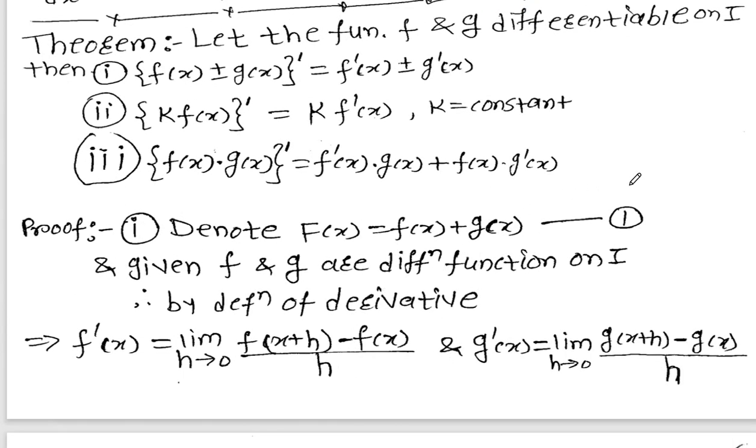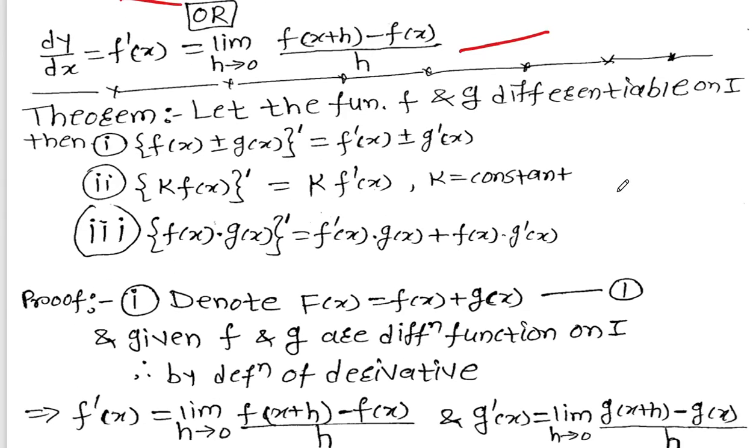The statement of the theorem is: let the functions f and g be differentiable on interval I. Then we have to prove that the derivative of f of x plus minus g of x equals f dash of x plus minus g dash of x. Second part, the derivative of k into f of x equals k f dash of x, where k is a constant.